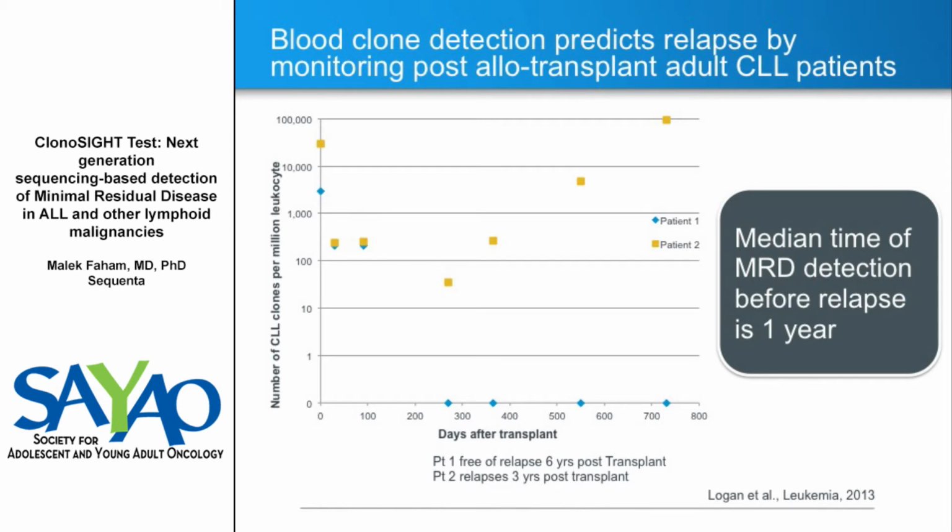In this analysis, we didn't just look at the landmark analysis, but we actually had serial samples of those patients post-transplant. So we looked at a couple of example patients from the two graphs, MRD negative and MRD positive. The blue patient goes down in frequency, and this is days, so at 9 months becomes free of disease, and they are still disease-free 6 years later.